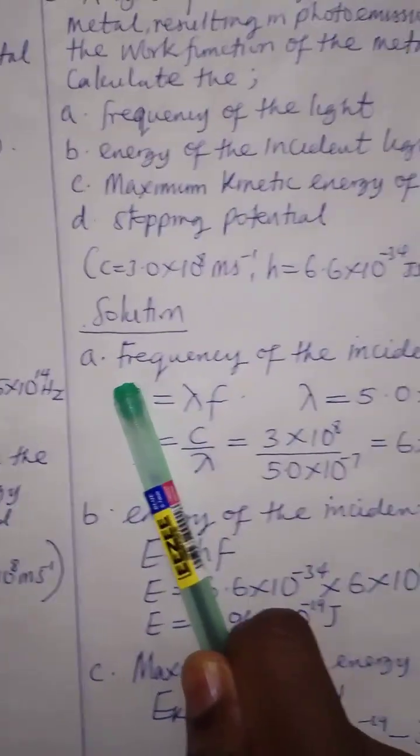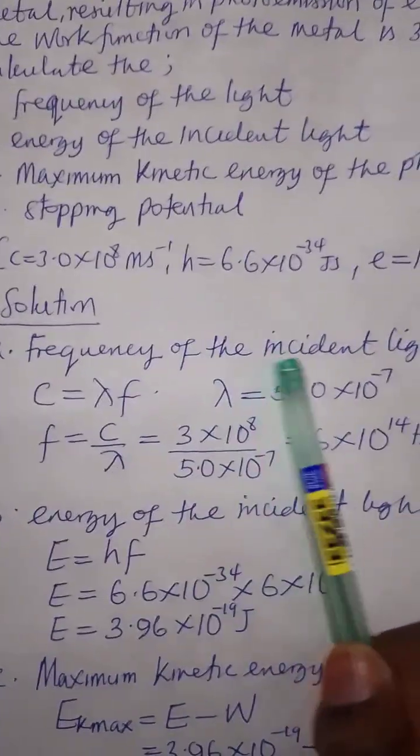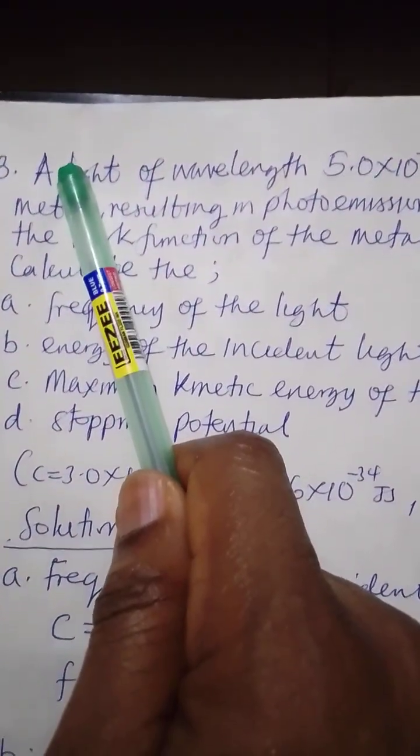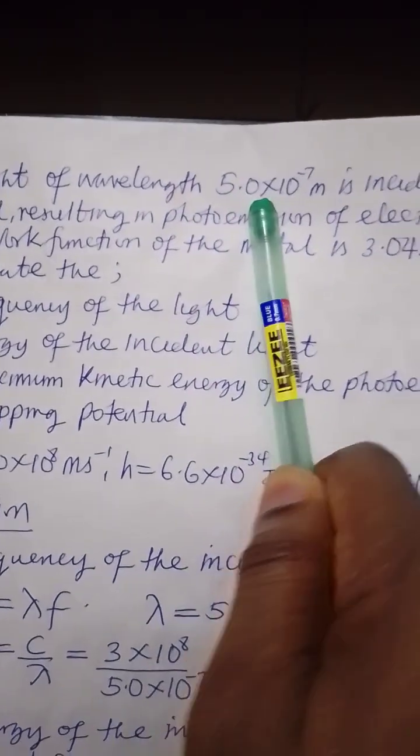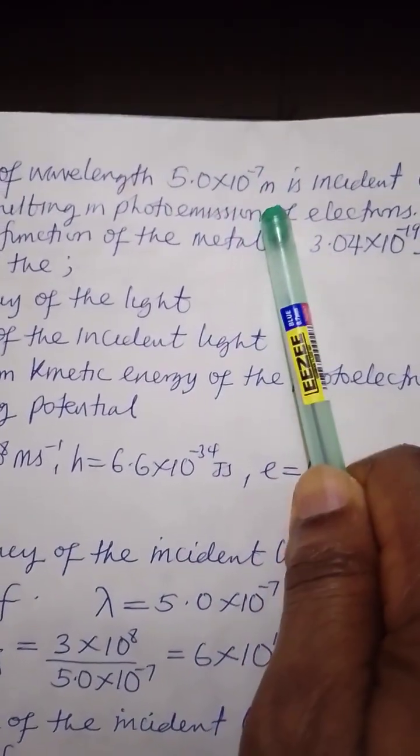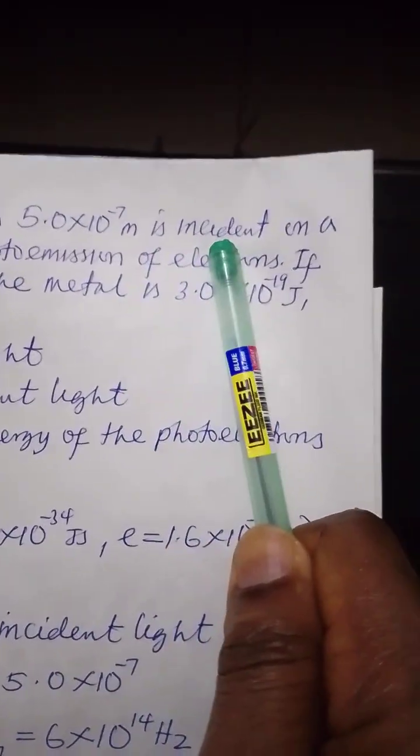So the first part of the question, the frequency of the incident light. We're given that light of wavelength 5.0 times 10 raised to the power minus 7 meter is incident on a metal.